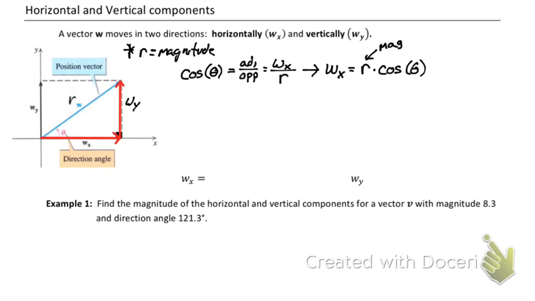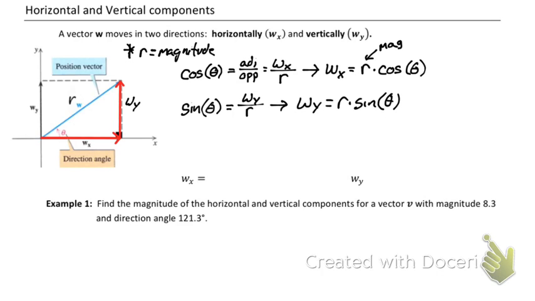All right, using that exact same idea, we're going to use sine of theta. Well, sine is opposite over hypotenuse. Our opposite is now kind of our y value, our vertical component, over magnitude, which rewriting that is going to be my vertical component is going to equal r times sine of theta.